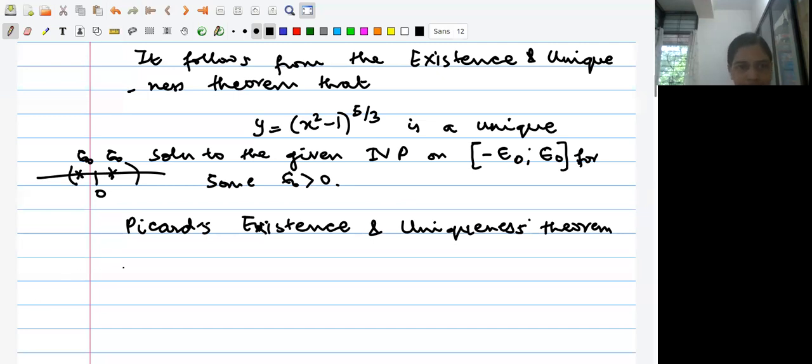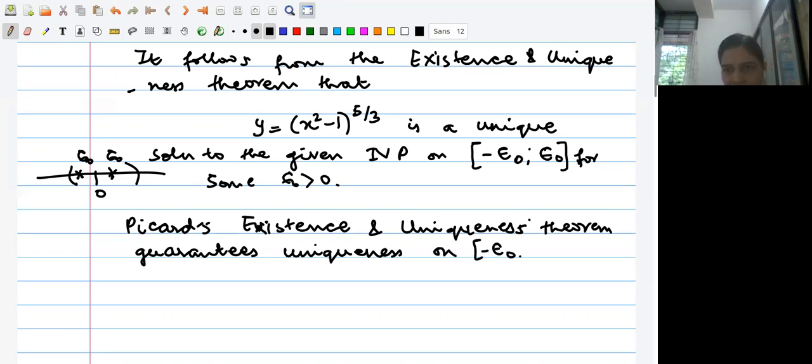Guarantees uniqueness on this interval minus epsilon naught to epsilon naught, right? This bit is okay with everybody. Now repeat the same argument.